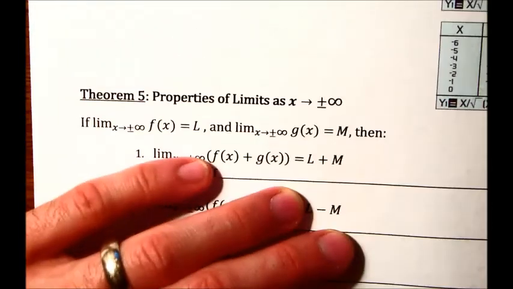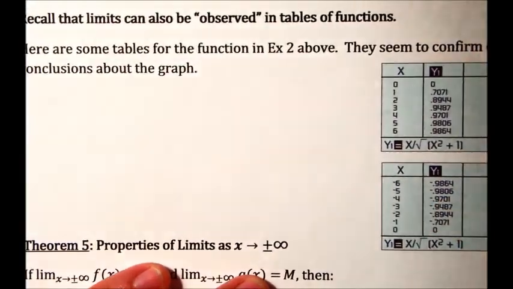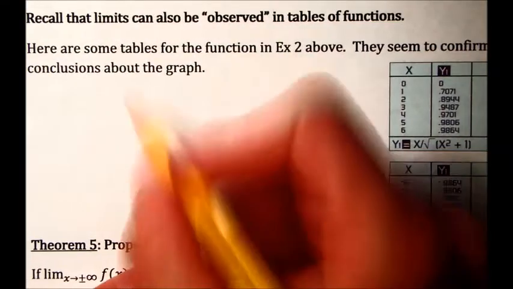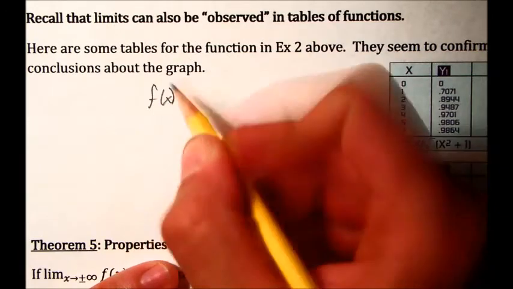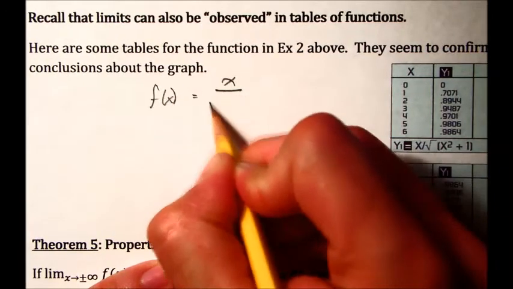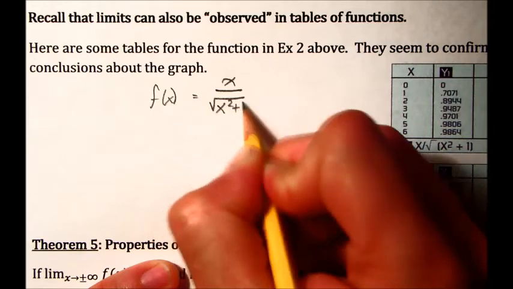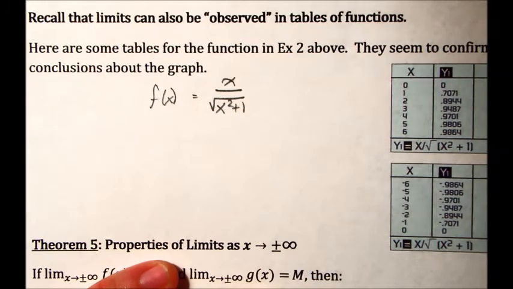Alright, page 2. Okay, back in that previous example, f of x is equal to x over square root of x squared plus 1. We saw just from the graph that we had that behavior. You can also see that from tables.